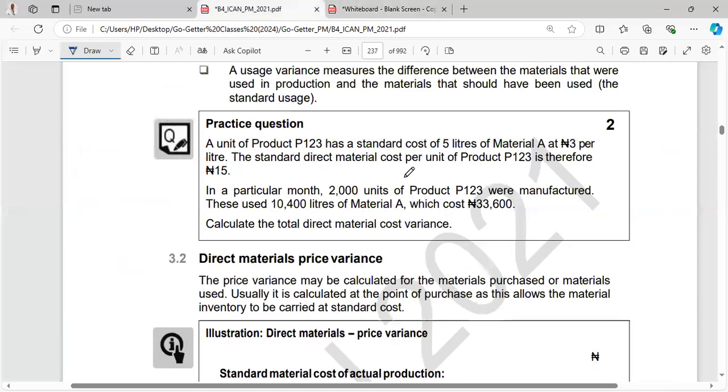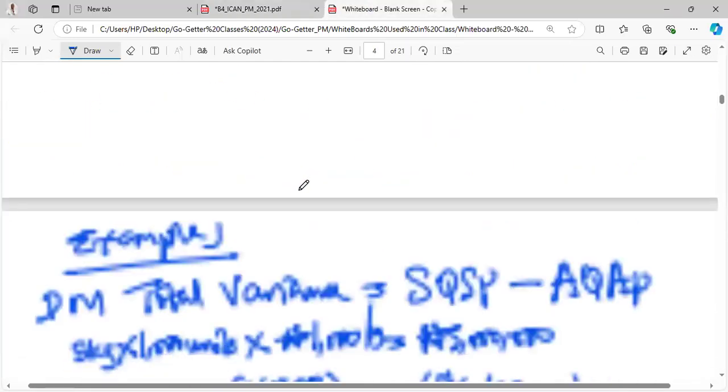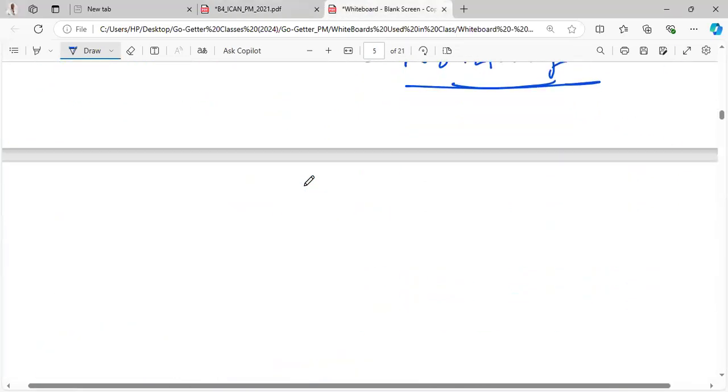Practice question number 2. A unit of product P123 has a standard cost of liters of material A. Okay, so let's go down. I'll call this one practice question 2.